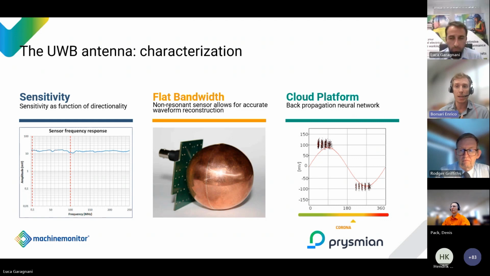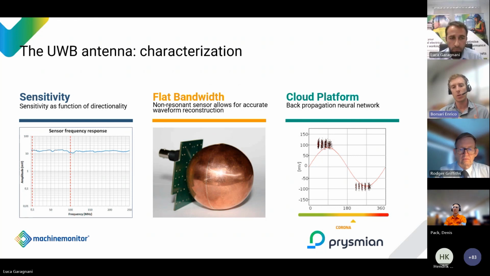The device has a flat bandwidth. Luca spoke about oscilloscopes before. This device does not resonate. There's no resonant behavior of the sensor that gets mixed with the waveform of the partial discharge that we want to monitor.